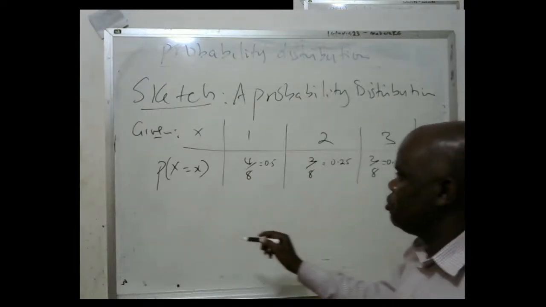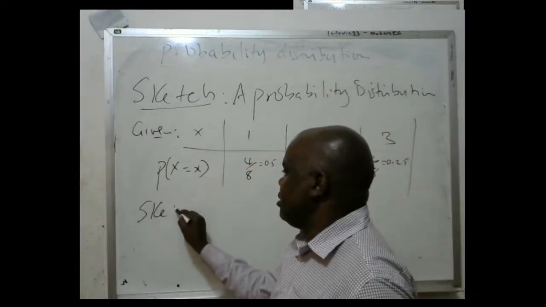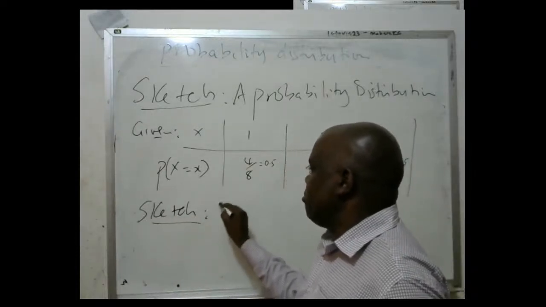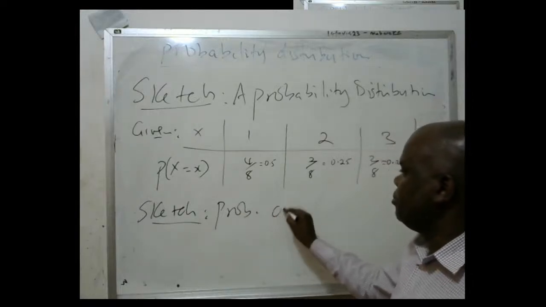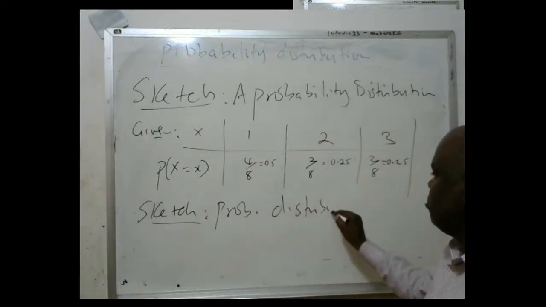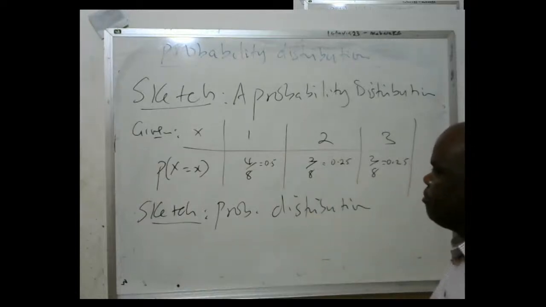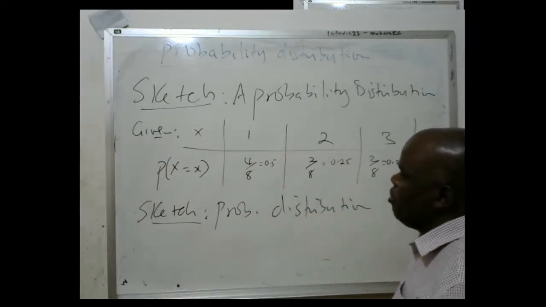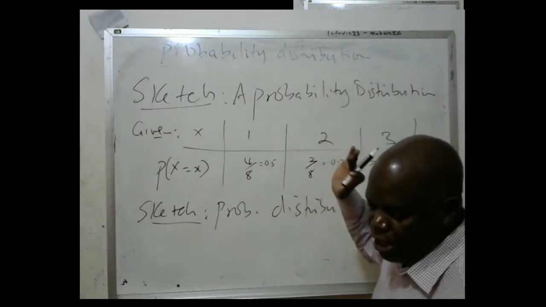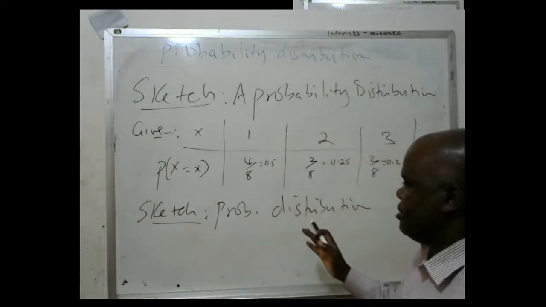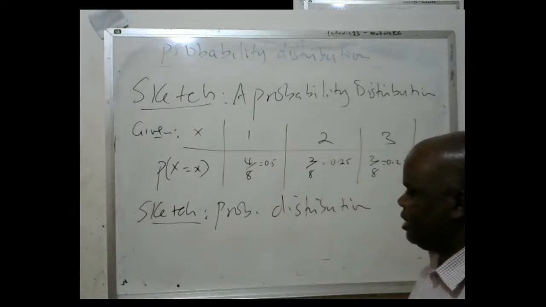If somebody has told you to sketch this probability distribution, what you must be aware of is that you will have the probabilities on the y-axis and observations on the x-axis.